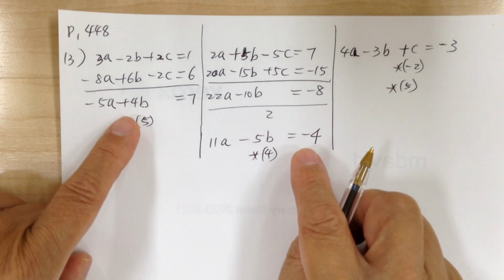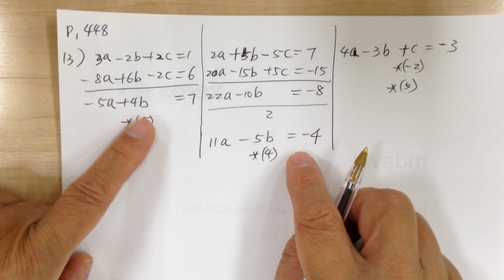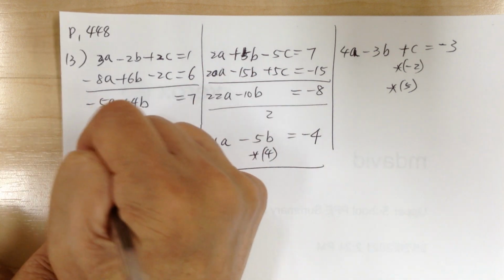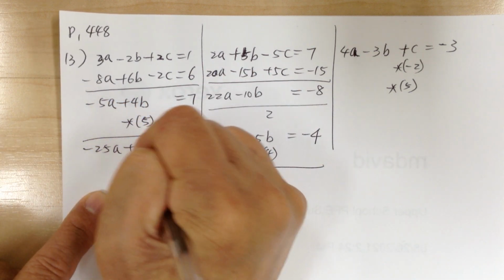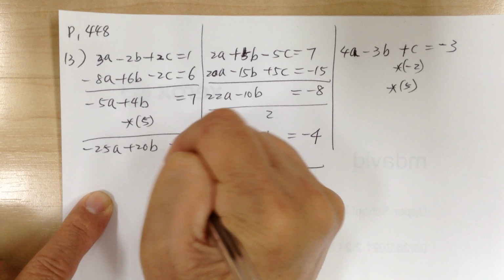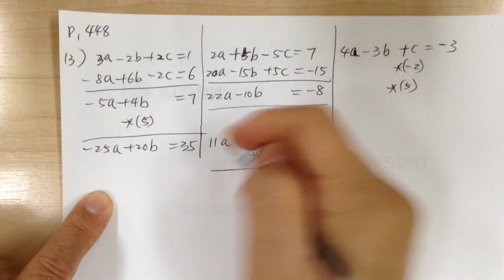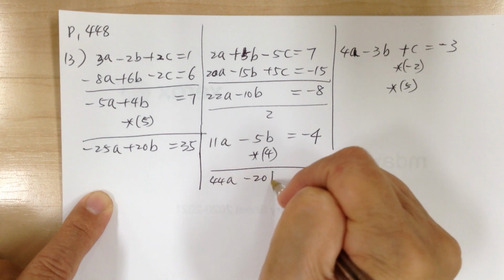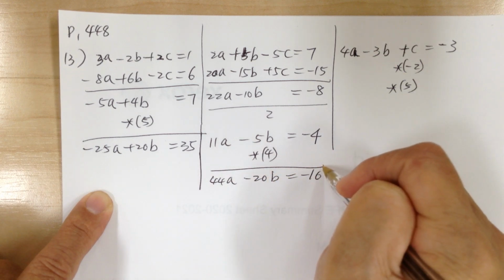Again, you have to choose your variable to eliminate, and figure out what you need to multiply. When you multiply, you get negative 25a plus 20b equal to 35. This one you're going to get 44a minus 20b equal to negative 16.